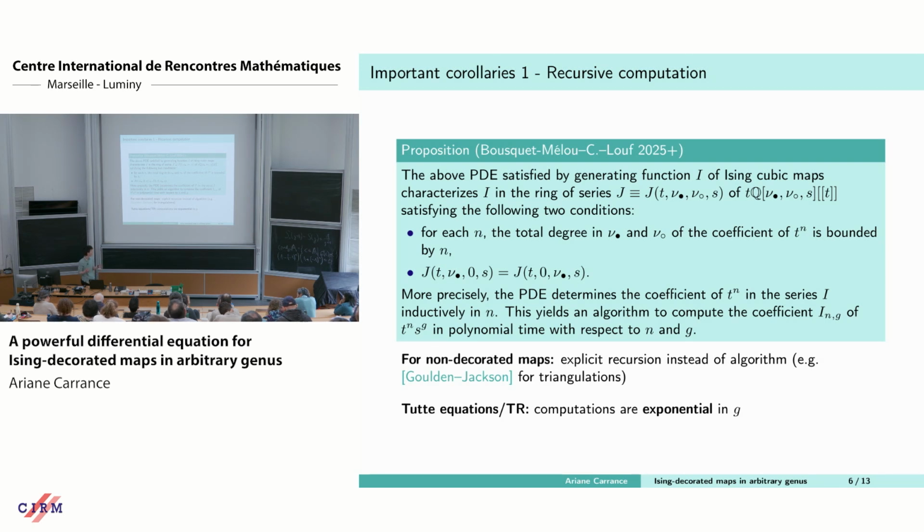And we have similar results for non-decorated maps, but that are simpler in the sense that instead of a recursive algorithm, there is an explicit recursion formula. For instance, for triangulations, you have the famous Goulden and Jackson formula. So this is one important corollary of our PDE.